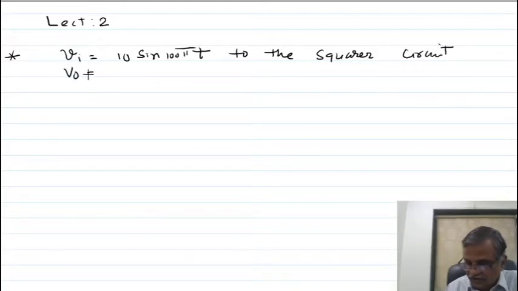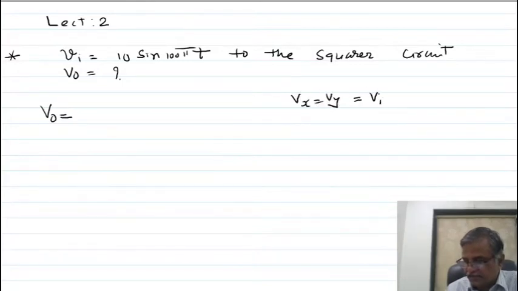What is the value of the output voltage? We know that in a squarer circuit Vx and Vy are short circuited, and it is nothing but Vi, so you can write 10 sine 100 pi t.